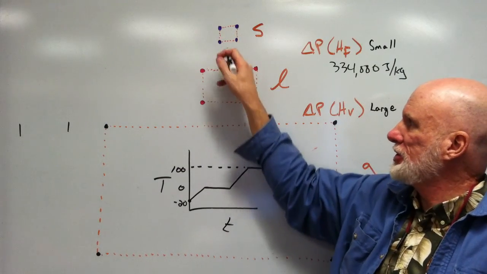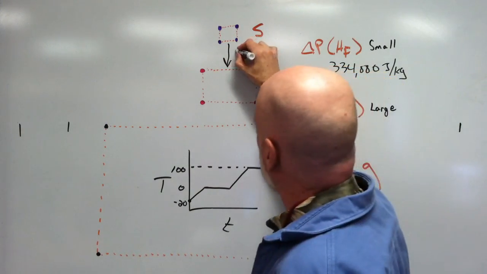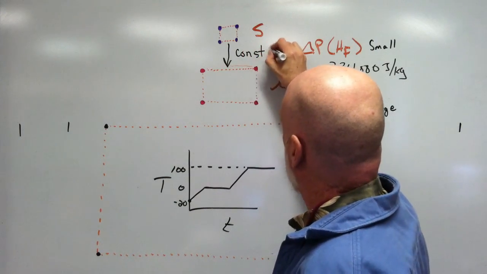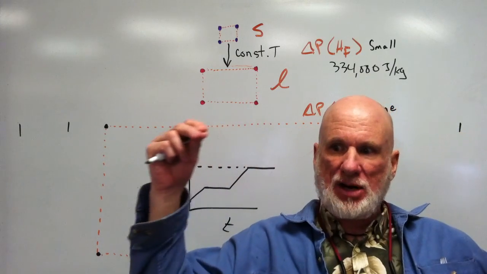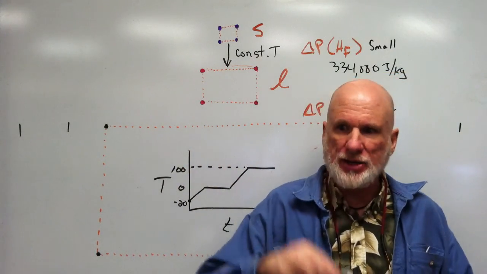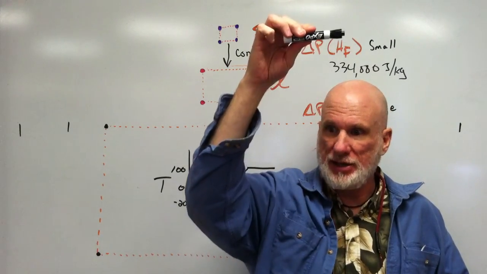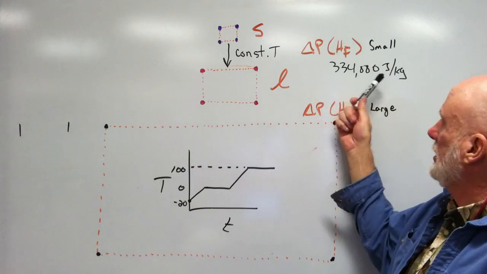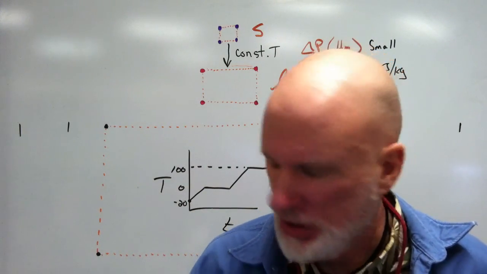So the number of collisions going from here to here remain constant. So I can say it's a constant temperature, correct? But the distances are changing. Yes? I increase the distance, aren't I increasing the energy? Increasing the distance, increasing the energy. So the energy is going into increase of potential energy. Get it? Got it. Good.